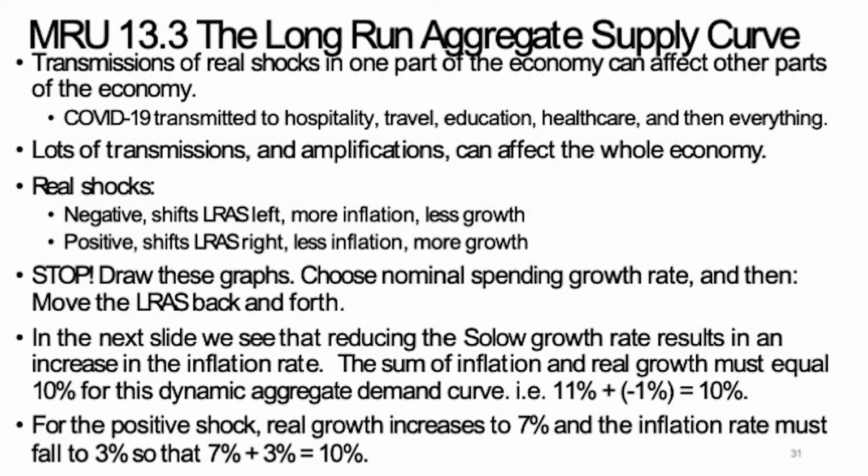Next, we have a little bit more here about the long-run aggregate supply curve, and this is about transmissions. When there is a real shock in one part of the economy, it can affect the whole economy. For example, COVID-19 transmitted primarily or initially to hospitality, travel, education, healthcare, but then it transferred to everything.